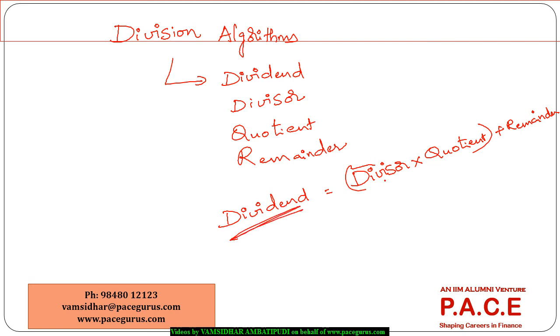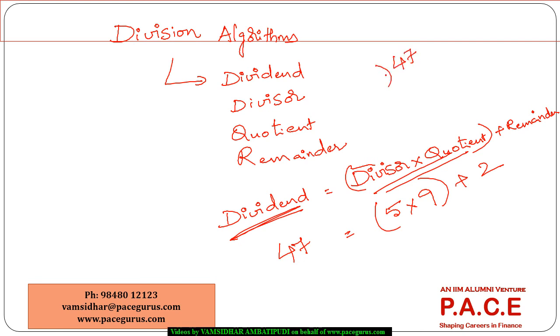So if I am looking at a number 47, let's say the divisor is 5, then it is nothing but 5 into 9, quotient, 45, plus 2 as the remainder. You divide 47 by 5, 5 nines are 45, 2 is the remainder.